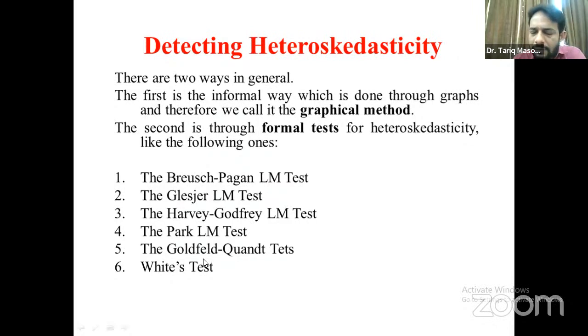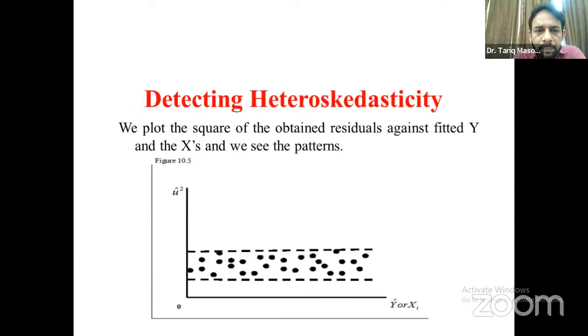There are a number of tests, a battery of tests that you can apply, and application of all these tests is quite easy due to the availability of statistical software. There is no need to go into too much detail for you. I will basically discuss graphical methods, and due to time constraints, I will leave the formal methods because we have to cover a lot of things in this lecture.